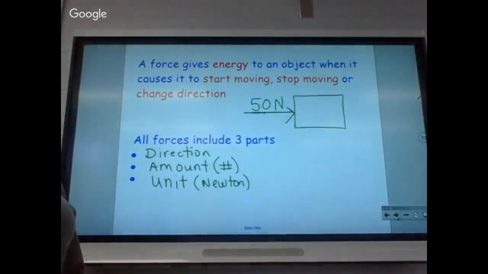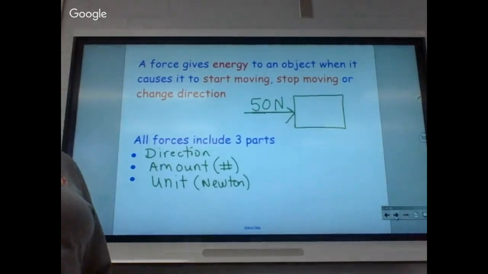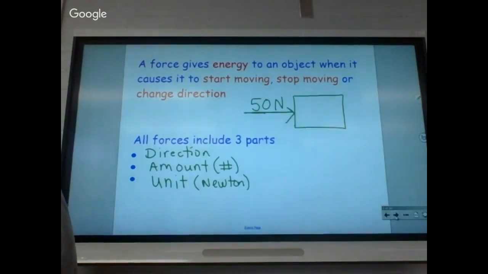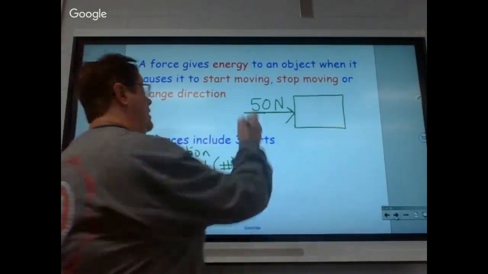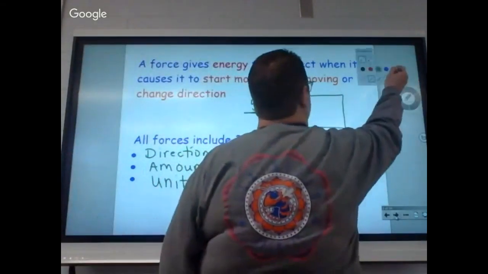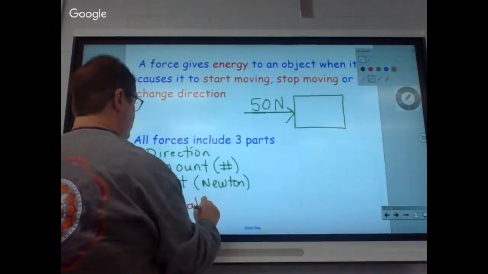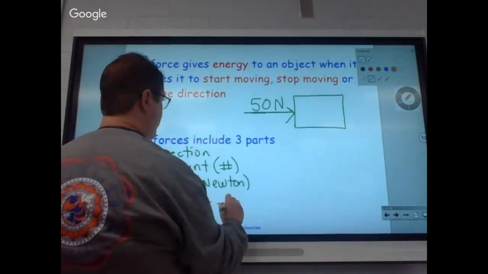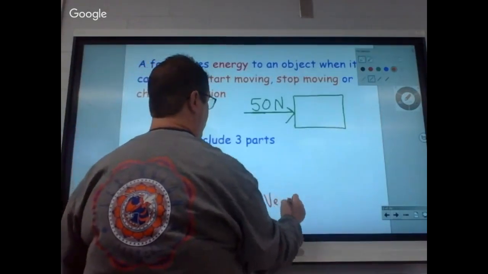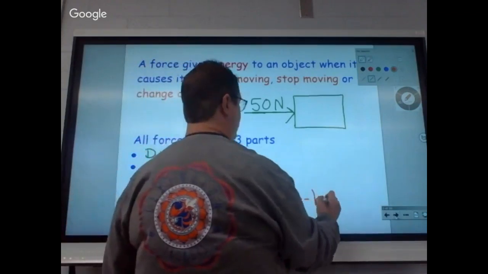So if I drew a direction, just as a review for the test Monday, is it a vector or is it a scalar? All right, scalar has only a what involved? I'm asking, is a force a vector or a scalar? A scalar is just a number, and a vector has direction.